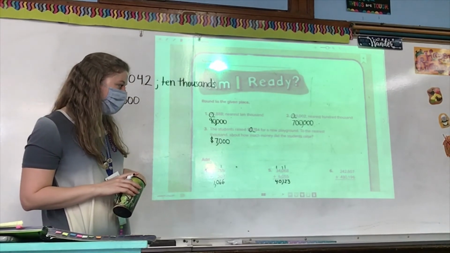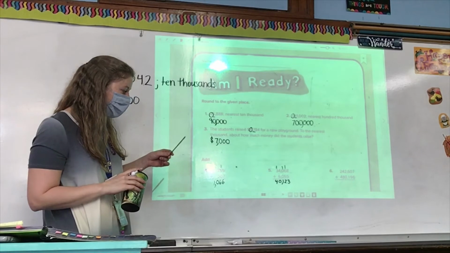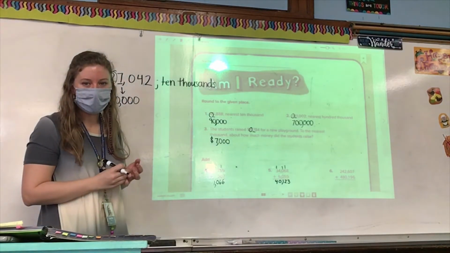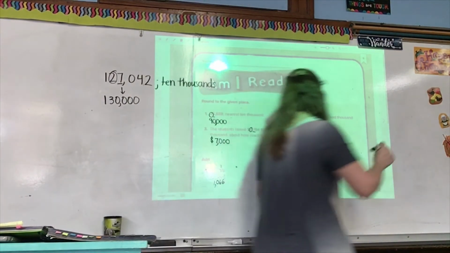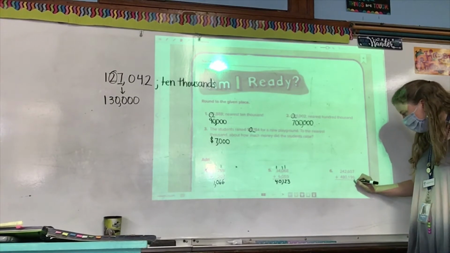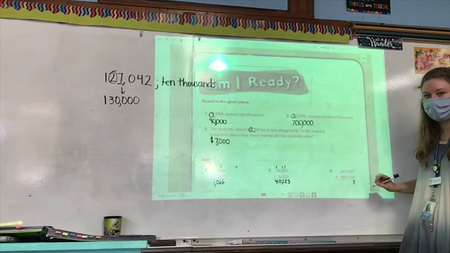Okay, number 6. 242,607 plus 480,196. Smith, step 1. Add the ones. 7 plus 6 is 13. We can't write 13 in the ones place, so we leave the 3 and we do what with the 1?